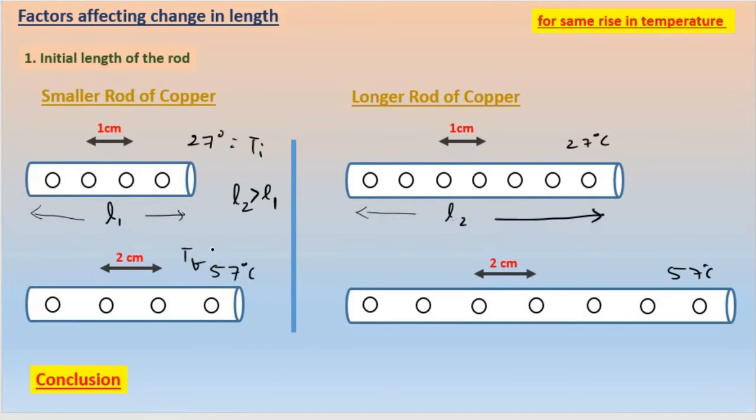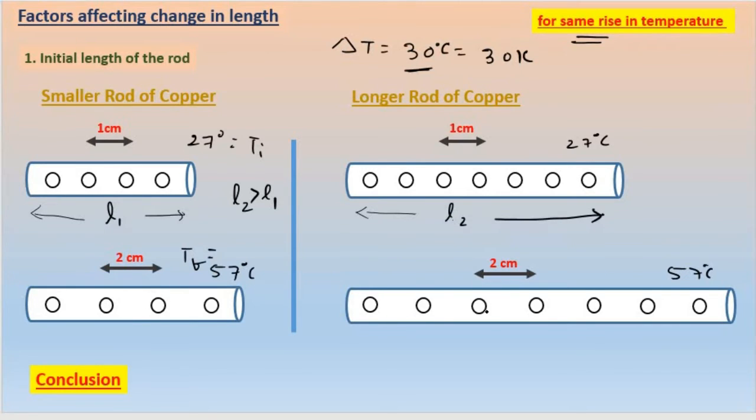So final temperature minus initial temperature is 30 degrees. So the change in temperature is 30 degrees Celsius, or I can also write it as 30 Kelvin, the difference doesn't matter, and that's why I have mentioned it over here for the same rise in temperature. So two rods having different lengths, same rise in temperature on heating. What happens is this gap between two atoms becomes 2 centimeter.